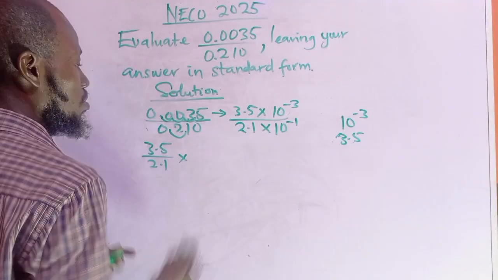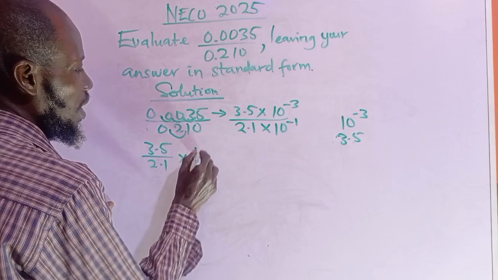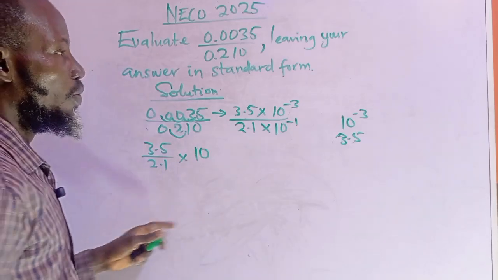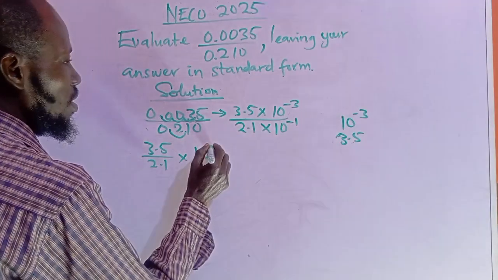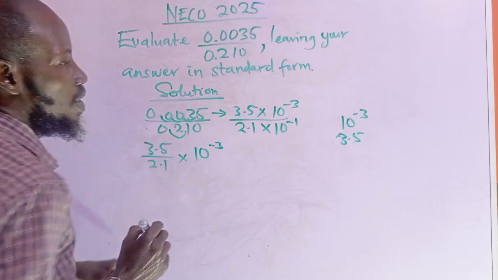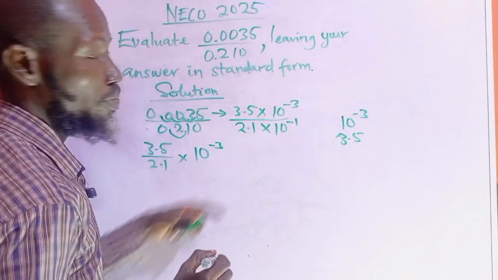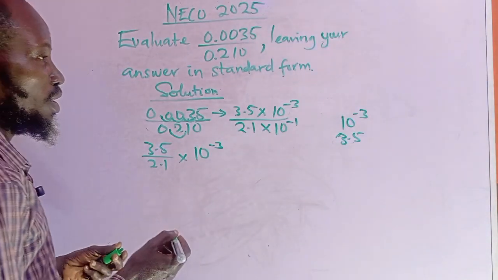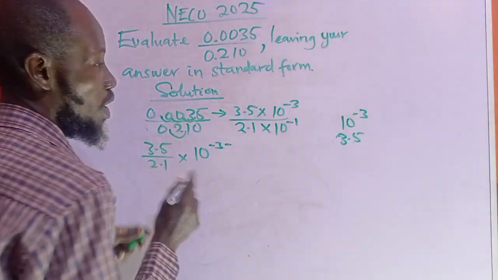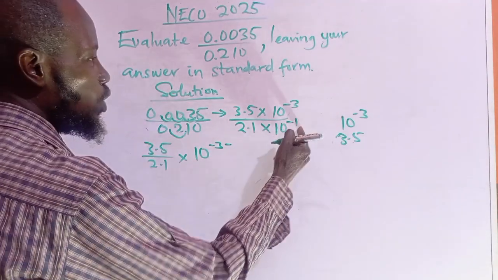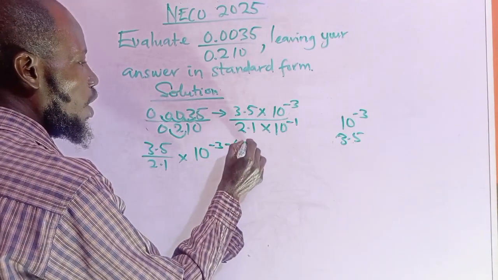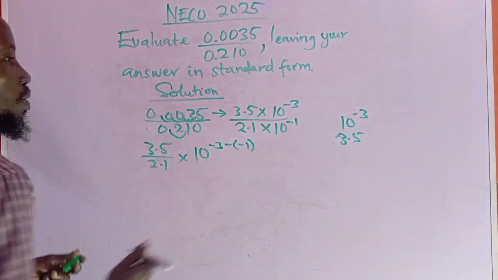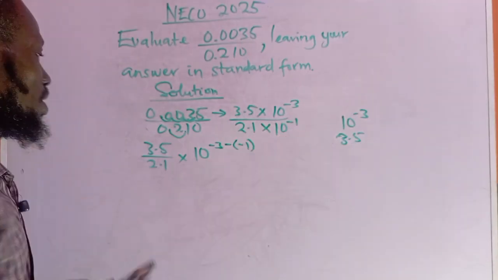So we are going to have 10 to the power of minus 3, and for division, we subtract the power. Already this one is a negative, so we have minus minus 1. With that, we've simplified this.